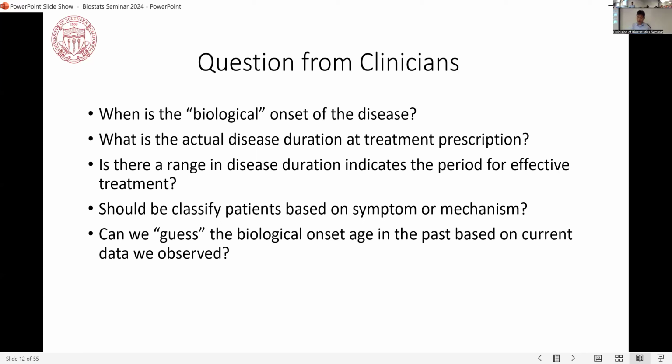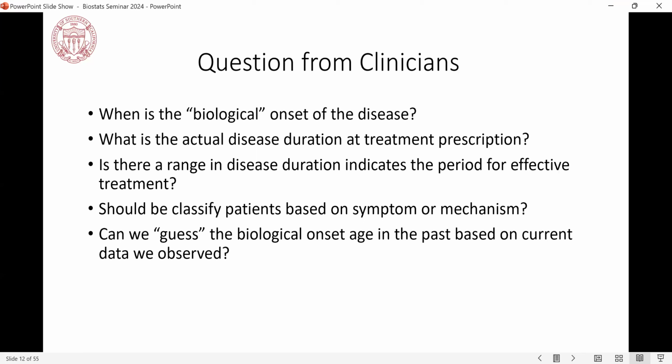Can we guess the biological onset age in the past based on the current data we observed? Now back to our job as a statistician. Do I see any clear hypothesis to test? No. Do I have any concrete target for machine learning to predict? No, nothing. So pretty much in the dark.